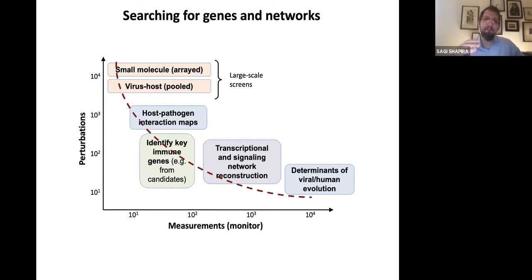What we try to do in my lab is use what I hope are clever and interesting experimental methods, but also computational tools to try and push this envelope. And that's what I think of as hypothesis-driven systems biology, where we allow biological questions to drive the experimental and computational methods that come downstream.